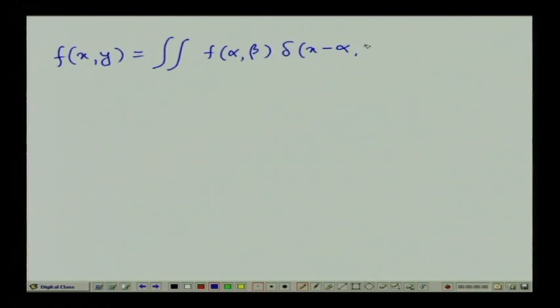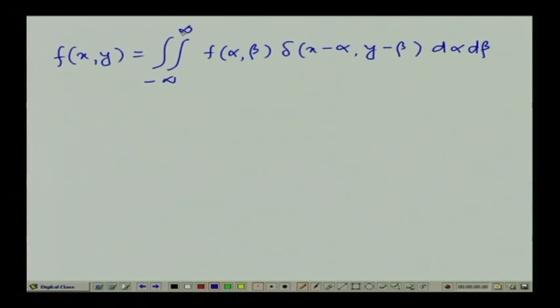So, by slightly modifying this particular expression, we can have an equivalent expression, where I can formulate the two dimensional function f x y as a similar integral operation, and in this case I will take f alpha beta delta x minus alpha y minus beta d alpha d beta, and take the integral from minus infinity to infinity.